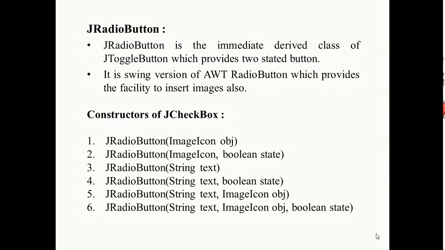It is a subclass of the JToggleButton, and this control is similar to the checkboxes. So the JRadioButton provides the facility of state change. It has two states, checked or unchecked.